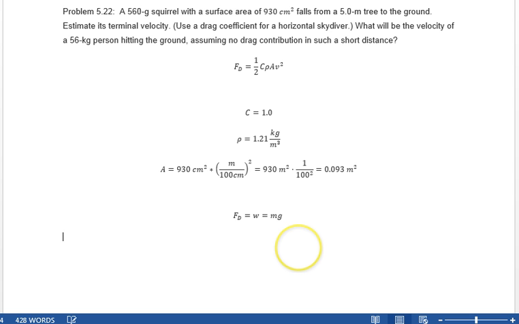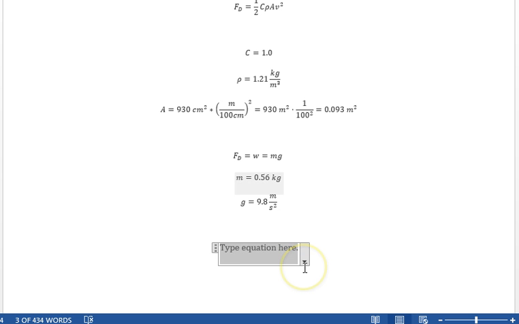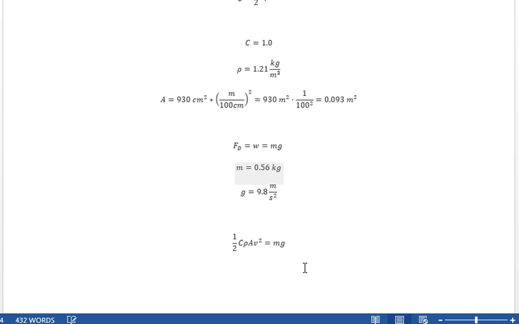We have a mass of 0.56 kilograms, and we have g equals 9.8 meters per second squared, right? So the only unknown here now is v squared. So we've got 1/2 c rho a v squared equals mg, the other g, the one that looks like a g.